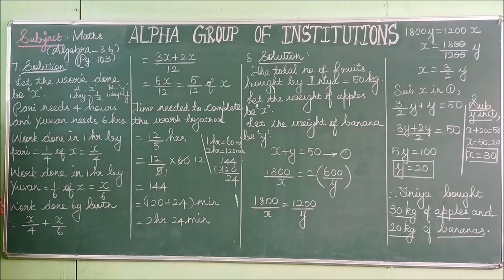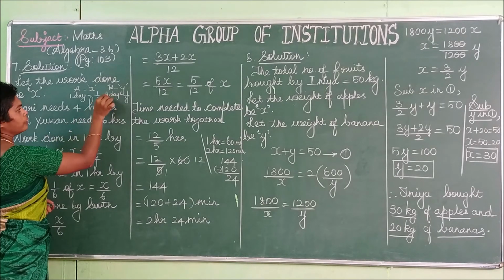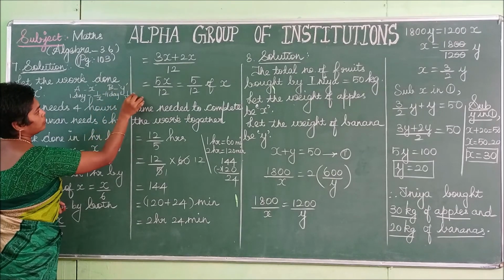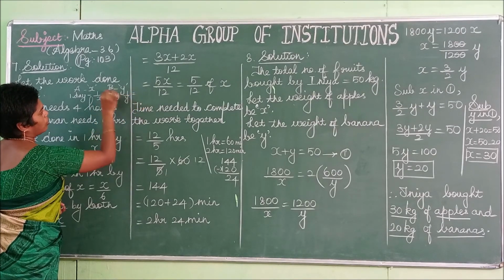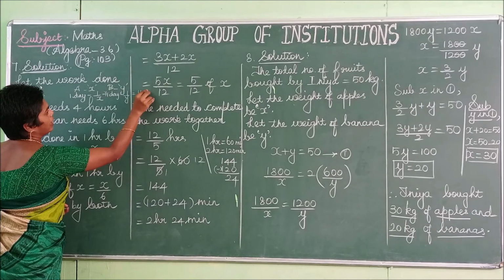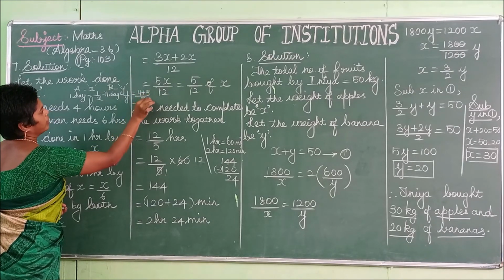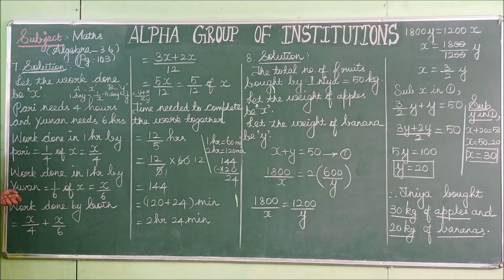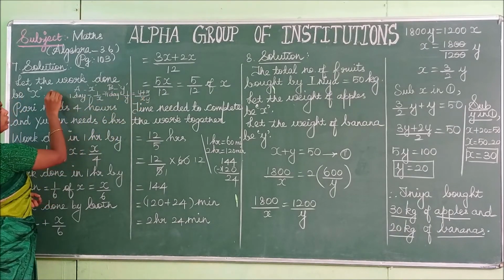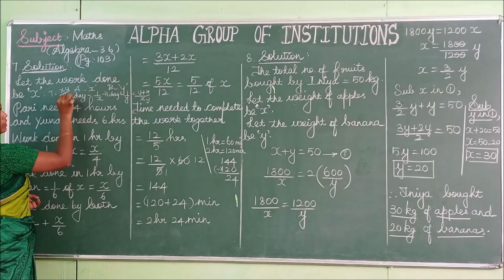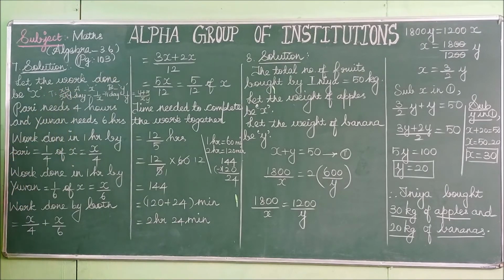So if they work together, how can you write it? We add the values, which is cross multiplied: (y plus x) divided by xy. To find the time required, we interchange and write the value. Time required means xy divided by (x plus y).